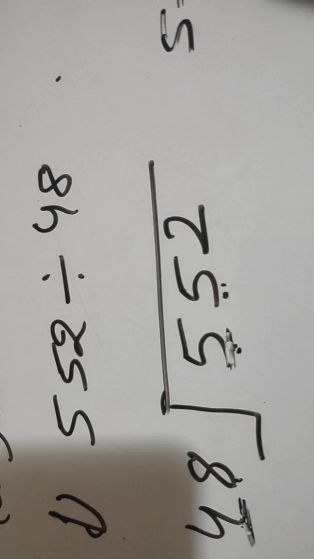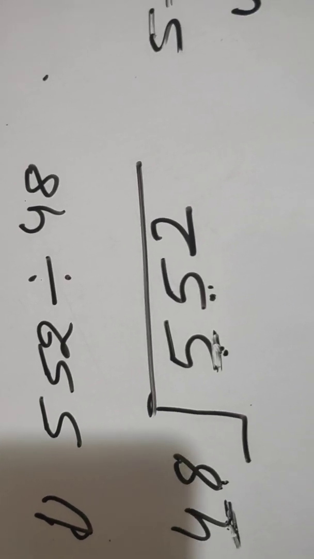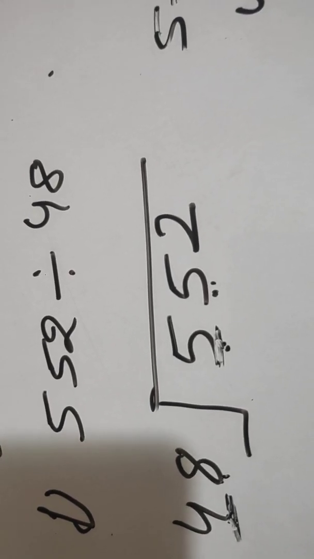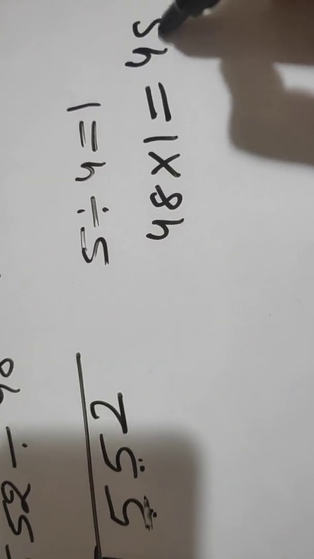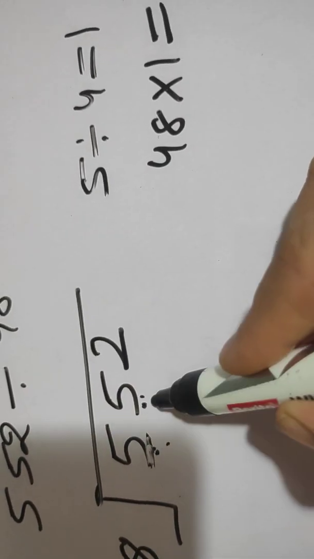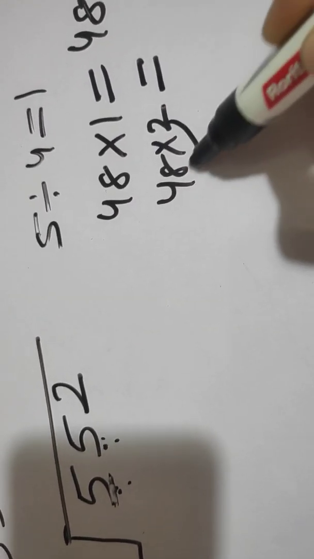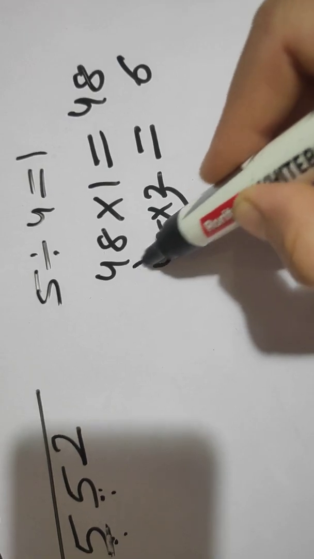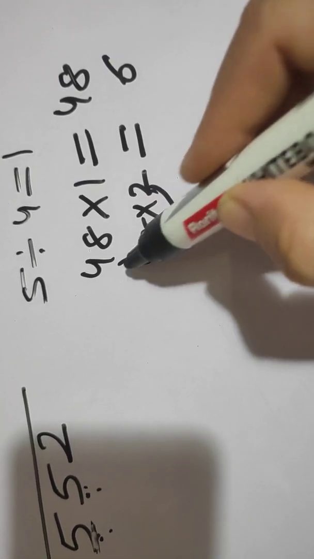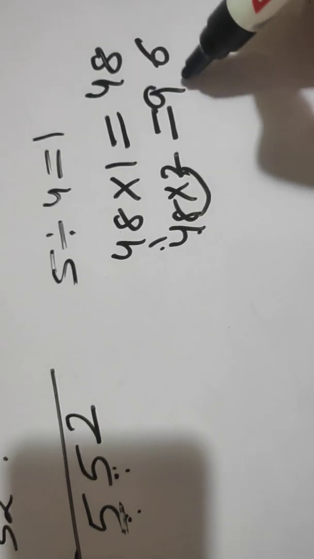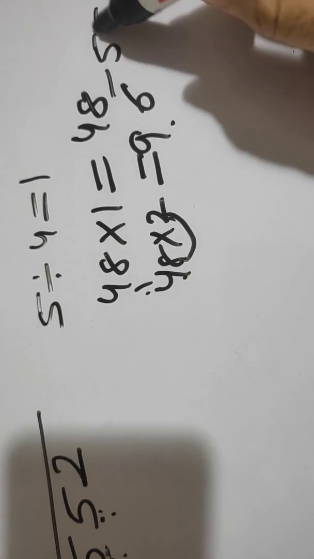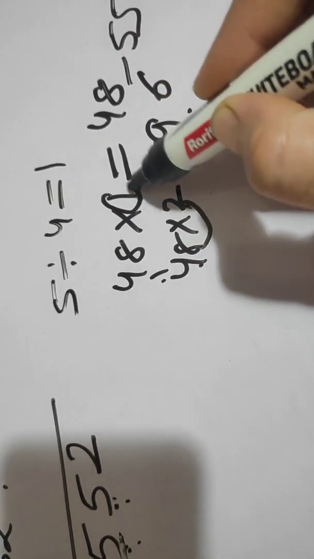Our table can go only on 1. 48 we will multiply by 1. Answer is 48, but here dividend is 55, so check with the next number also. 2 8s are 16, here 1, 2 4s are 8 and 1 is 9. It is 96. 96 is greater than 55. So the table goes only 1.